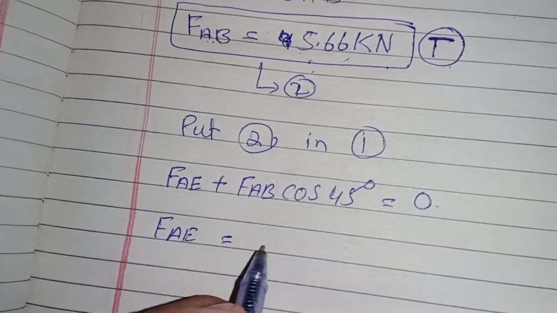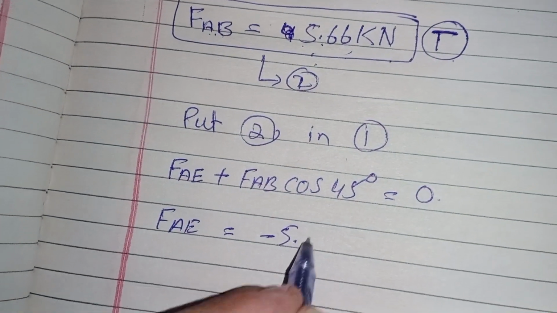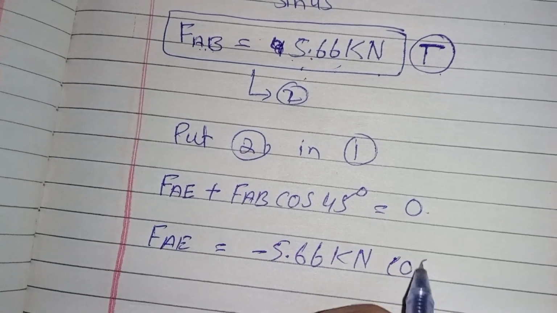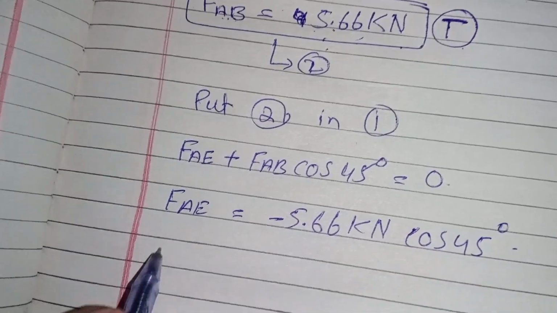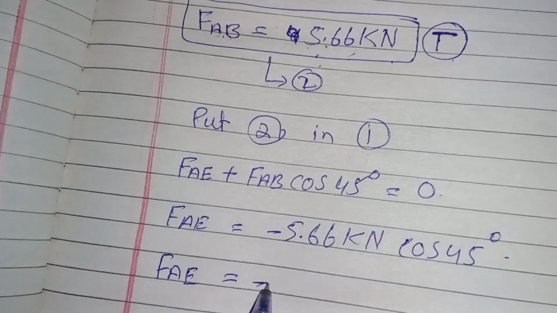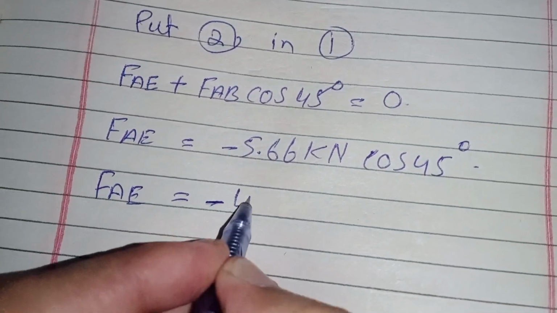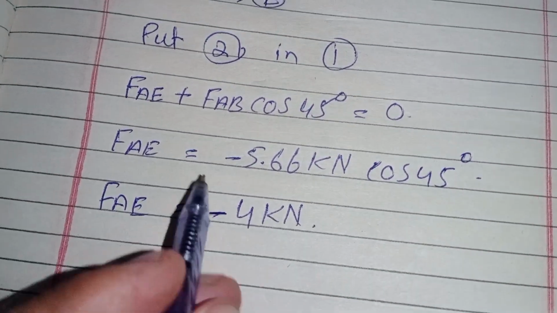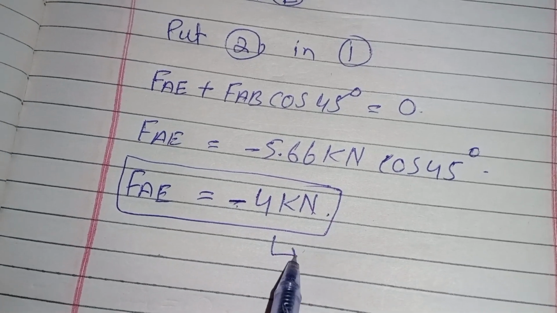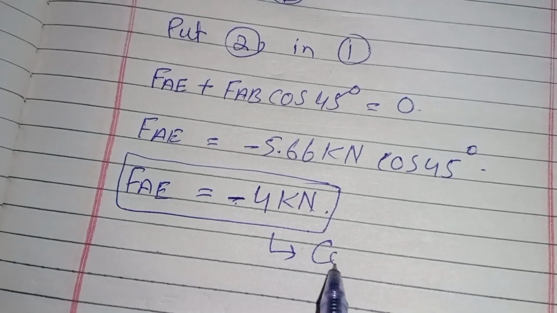F AE equals negative F AB, which is 5.66 kilonewton, times cos 45. If you solve it on calculator, F AE will equal negative 4 kilonewton. The answer with the negative sign means that our assumption was wrong. This is in compression.